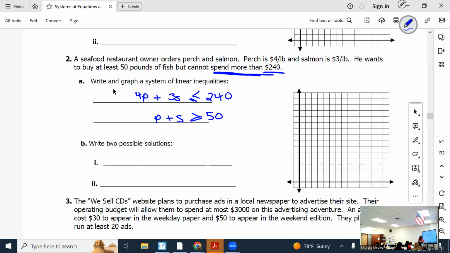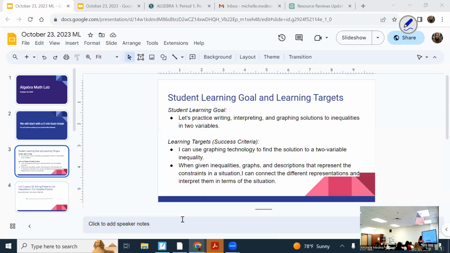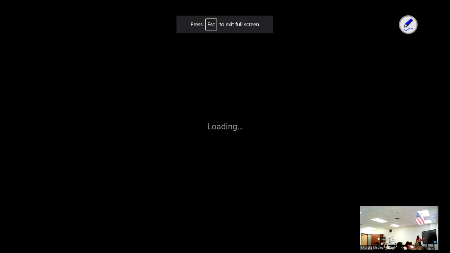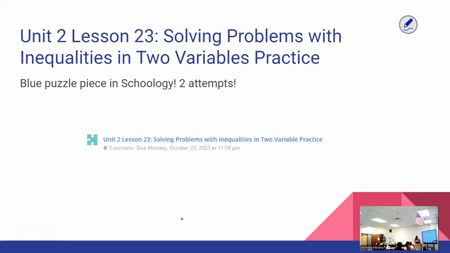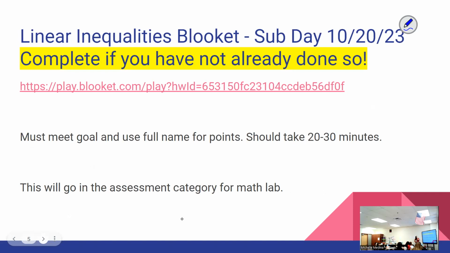Okay. So then what you need to do today is you have your puzzle piece, 23. But also, if you did not do the booklet on Friday, you need to, because I'm putting that in as an assessment. So if you did it already, great, you don't need to do it again.